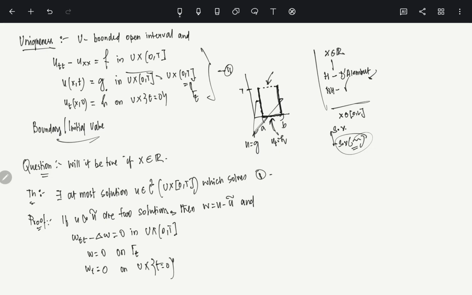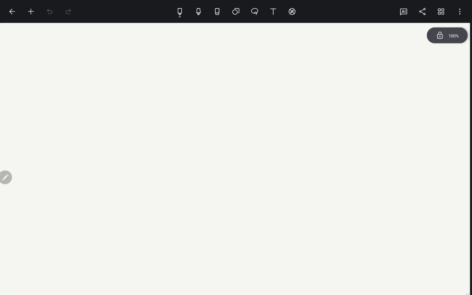So what we did is, if you have two solutions, since we have a linear equation, all these f, g, h actually become 0 if we define u minus ũ to be w. So for w, all of this becomes 0.